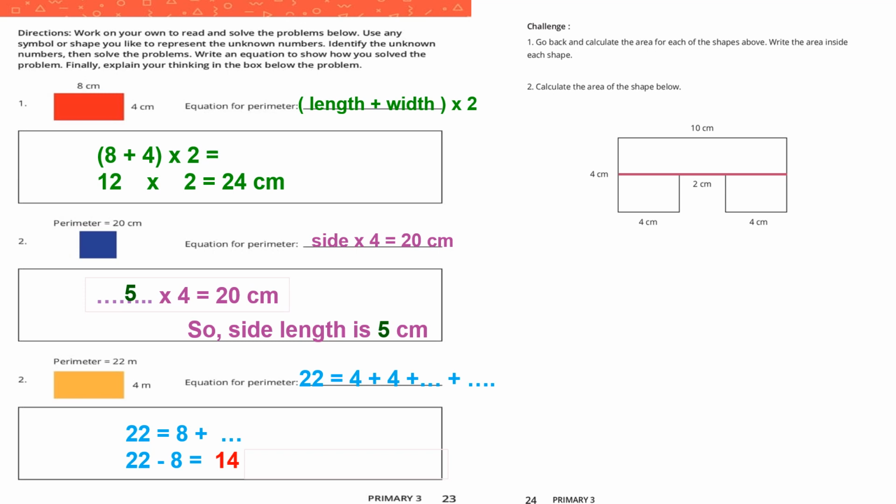So 22 equals 8 plus what? I will subtract 22 minus 8 to find the length. 22 minus 8 equals 14.